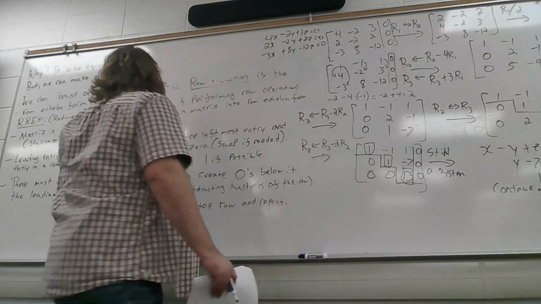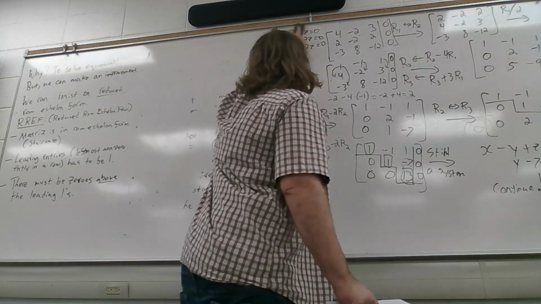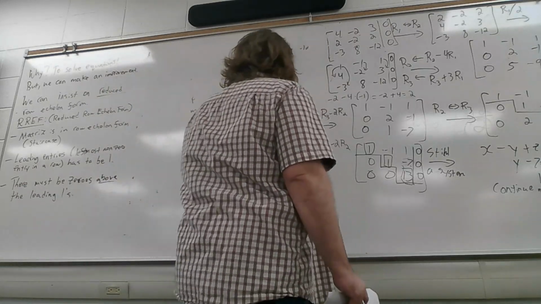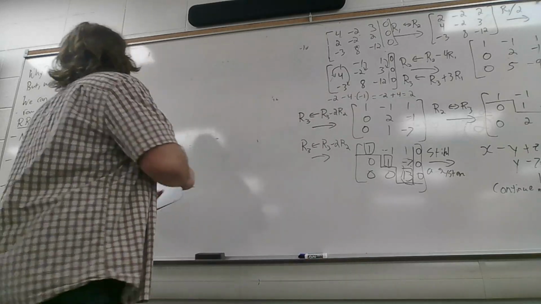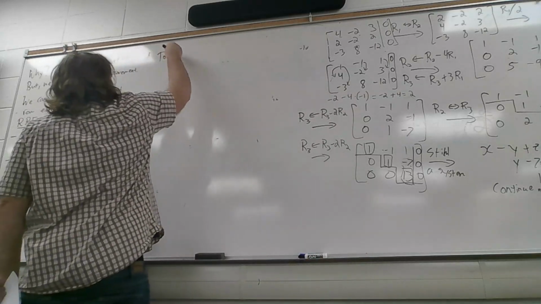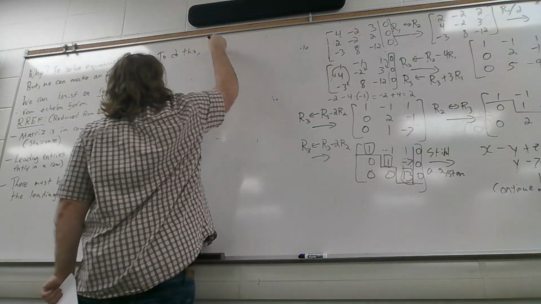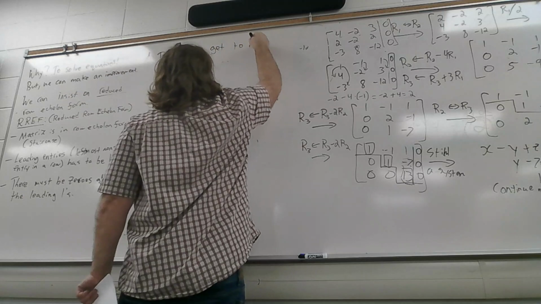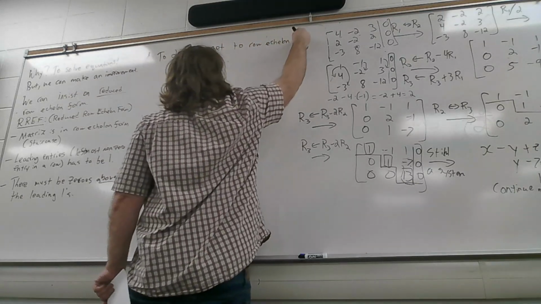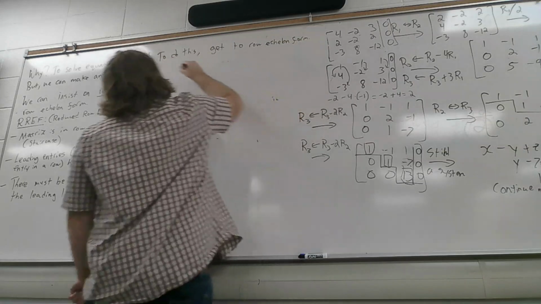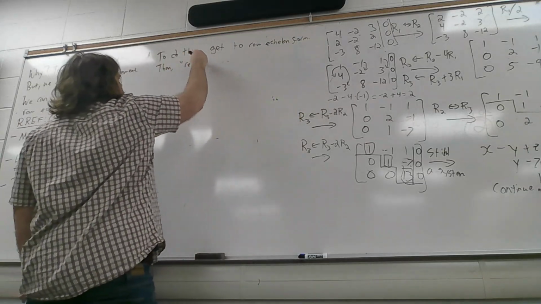So to do this, get to row echelon form. Then, quote unquote, reverse it.